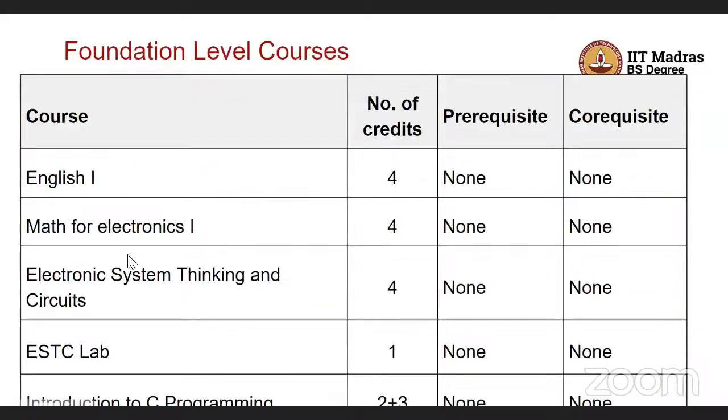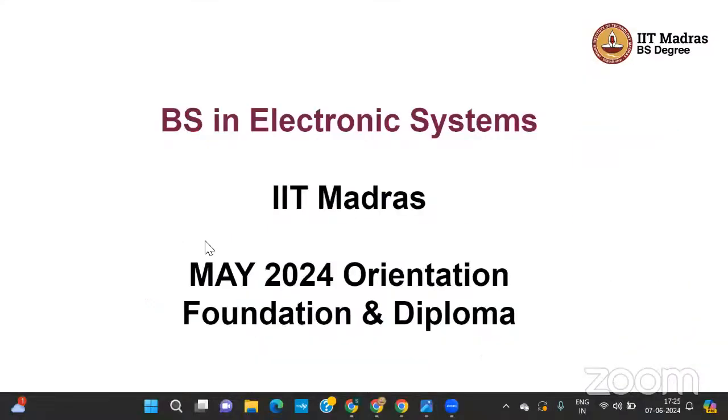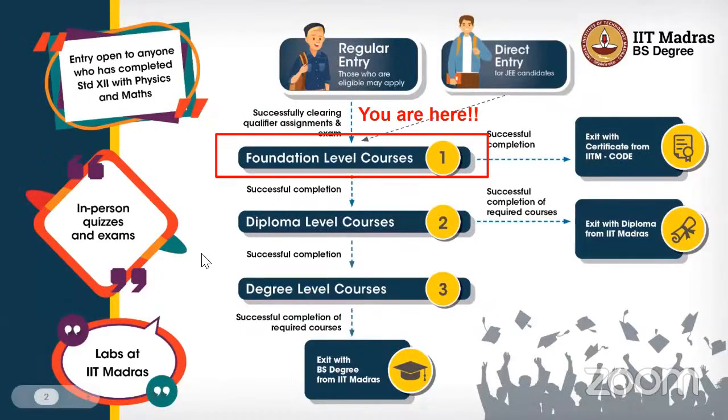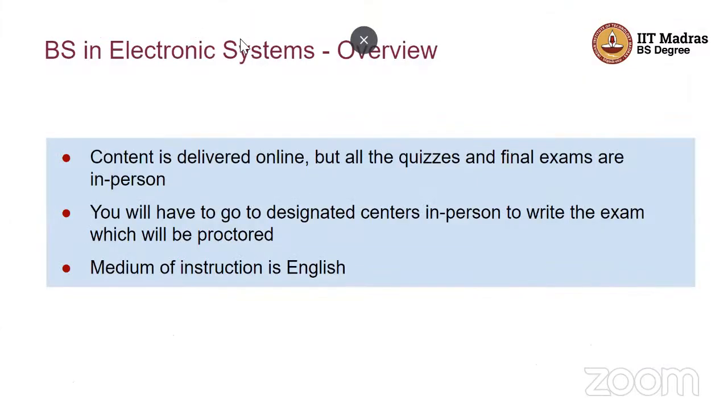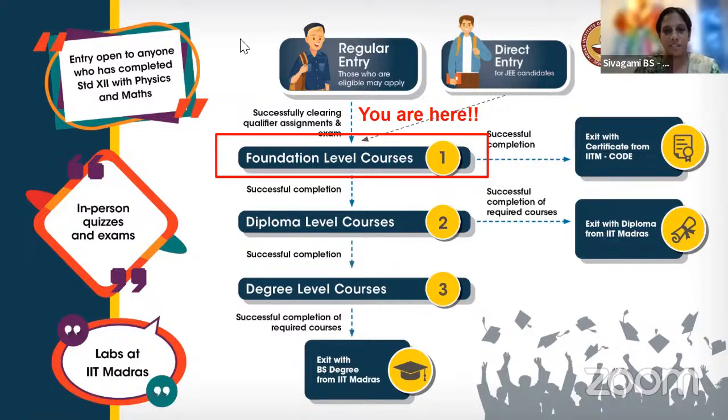Now, let us look at the operational aspects and what it is that you'll be doing with the courses. Now that you're already at the foundation level, you are quite familiar with the program. Some of you might be starting with the foundation level courses this term, and some of you might have completed 2 or 3 subjects and are going to do the rest going forward.